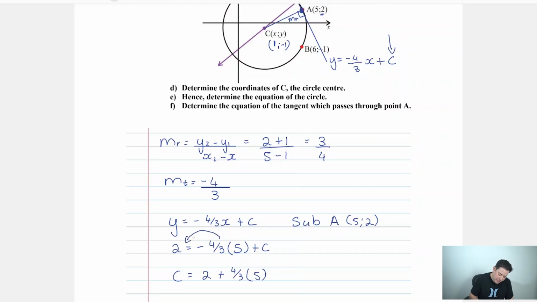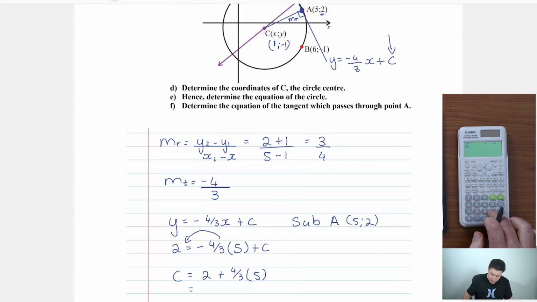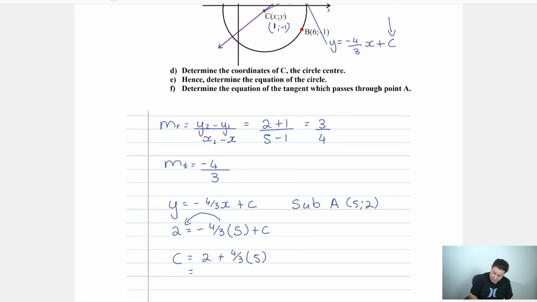I'm just taking that over to the other side, and I'm writing it as c equals. Don't get confused by the notation. And I'm going to plug that into my calculator. 2 plus 4 over 3 times 5. And my y-intercept, or my c value, is then 26 over 3.